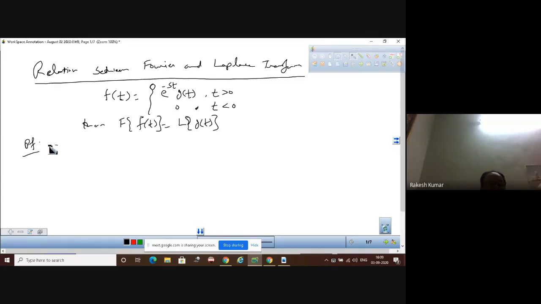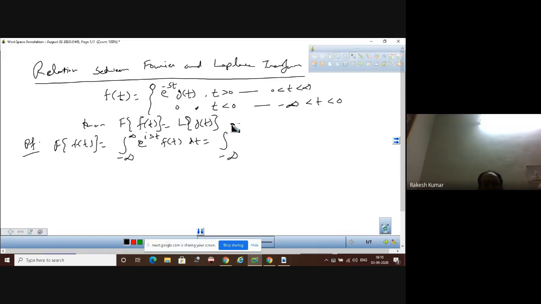How can we prove this result? Fourier transform of f of t can be defined by definition as the integration from minus infinity to infinity of e raised to power minus i s t into f of t dt. Now you just see this is the integral over the interval 0 to infinity, and this is the integral over the interval minus infinity to 0.